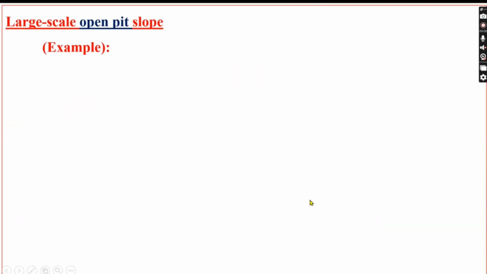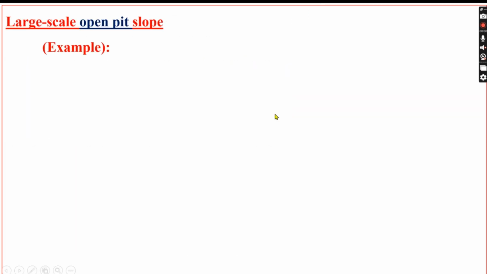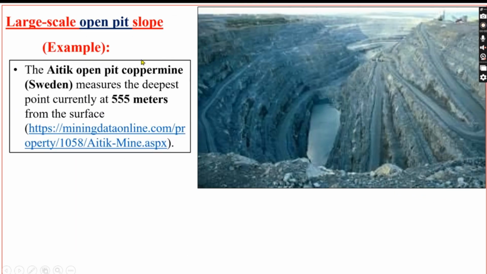To see one further example of large-scale open pit slopes, the Aitik open pit copper mine in Sweden has a slope height of 555 meters at the deepest point. This is a large-scale open pit copper mine.